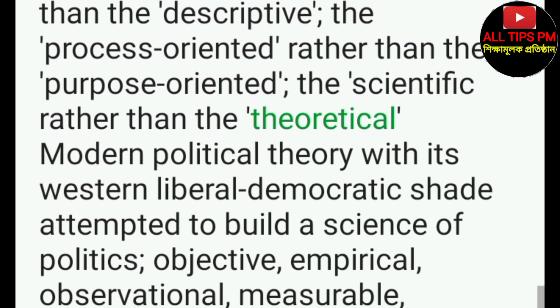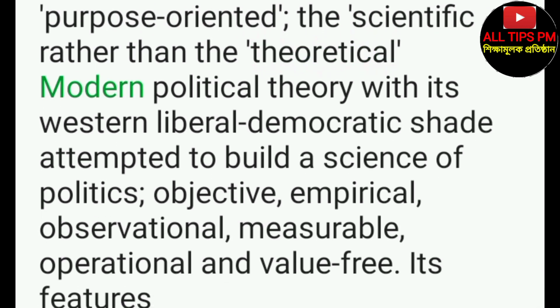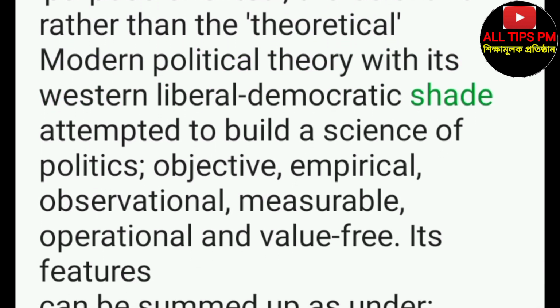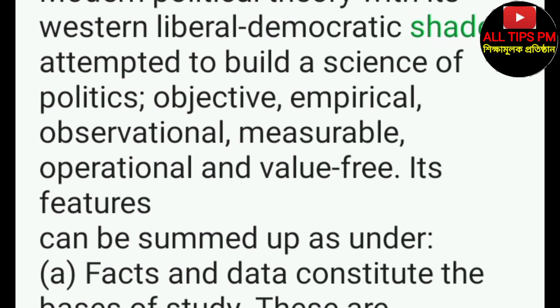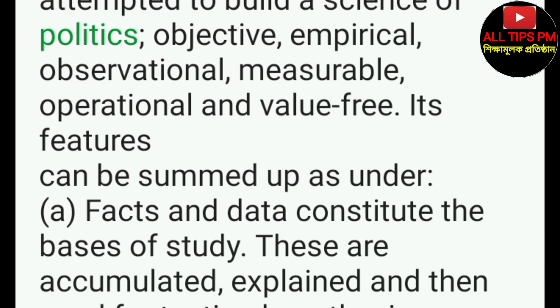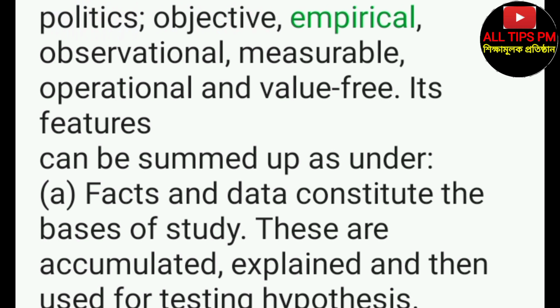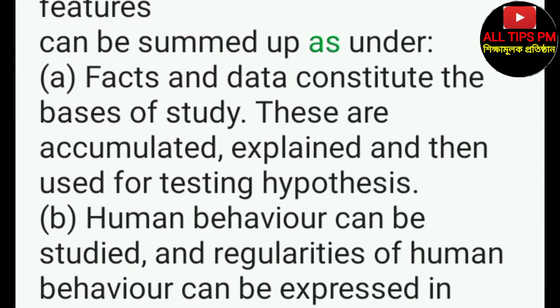The scientific, rather than the theoretical. Modern political theory, with its Western liberal democratic shade, attempted to build a science of politics: objective, empirical, observational, measurable, operational, and value-free. Its features can be summed up as under.